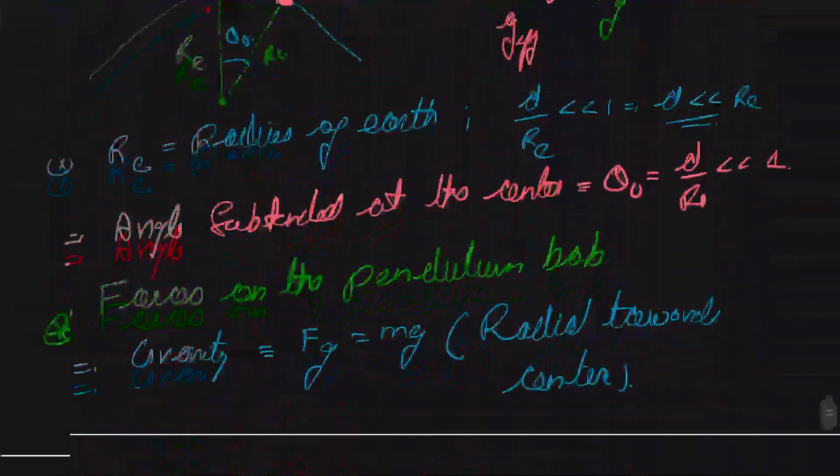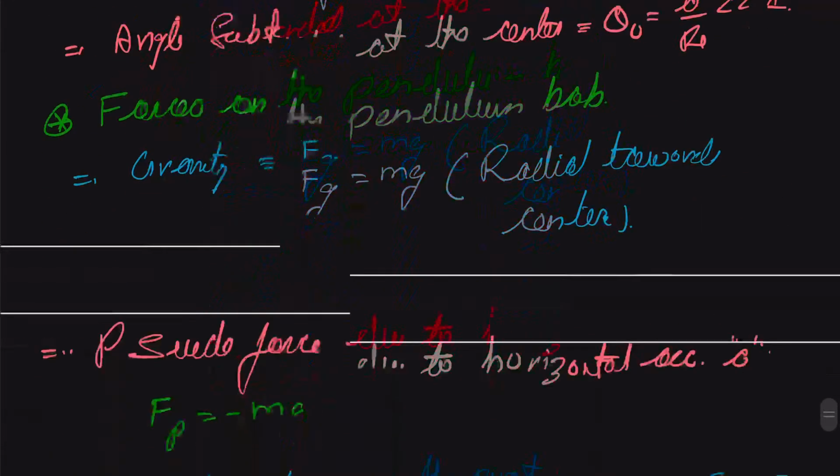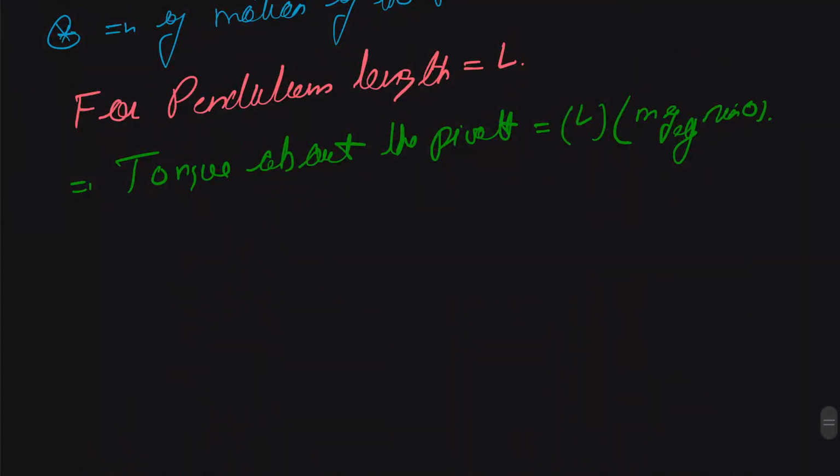Okay. G effective we have already drawn here. And this g effective we can divide into two components, g cos theta as well as g sine theta. This is our effective and this is our theta.